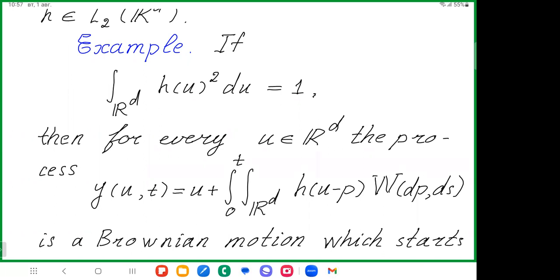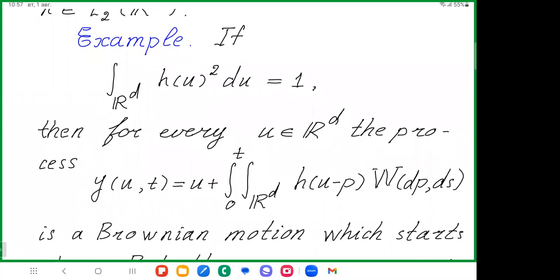It is exactly the case because trivially this y is continuous, it is a martingale, and due to our assumption that the integral over R^d of h squared is equal to 1, the characteristic of y is the identity matrix multiplied by t. So it is the Levy version for vector-valued, so-called isotropic martingales. y is a Brownian motion.